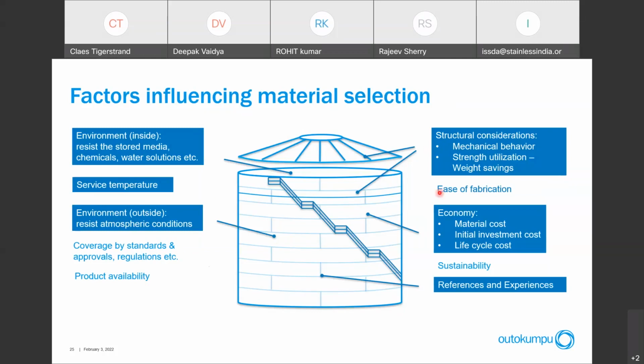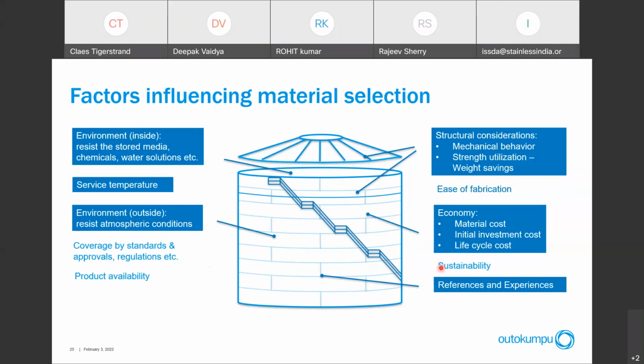The fabrication is of course key as well for a large storage tank, especially the welding. And then, coming to the selection, the economy is key, but not only focusing on the material price, also looking at all different types of costs, to consider the total life cycle cost.